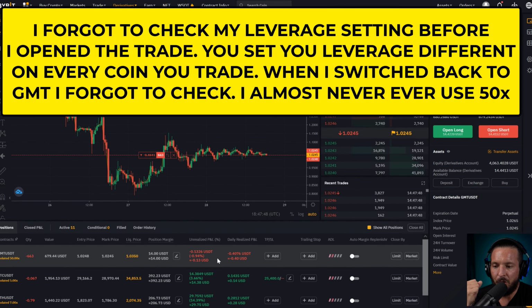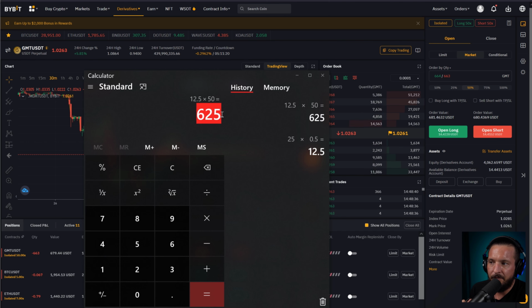So if I times that by 0.5, technically, if I was just shorting it with no leverage, I would win $12.50. But because I used 50x leverage, I would multiply my profits by 50. So times 50, that $25 short would be worth $625 if the price of GMT crashes down to 50 cents.